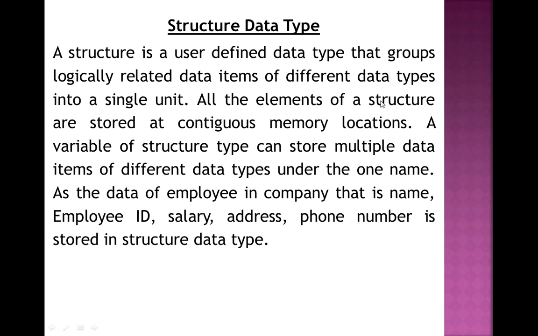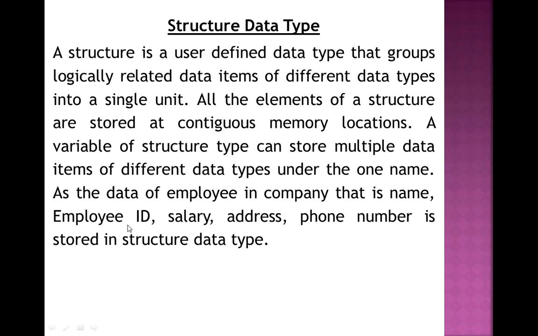All the elements of a structure are stored at contiguous memory locations. A variable of structure type can store multiple data items of different data types. As I told you, under one name, the data of an employee in a company, that is name, employee ID, salary, address, phone number, is stored in a structure data type, because name is a string, employee ID is numeric, salary is numeric, address is alphanumeric.